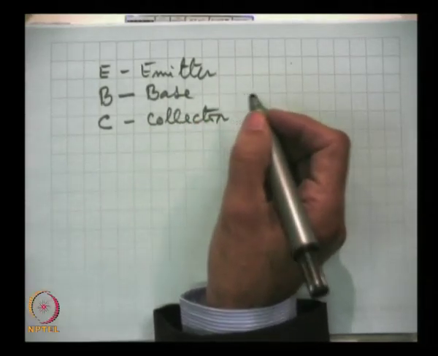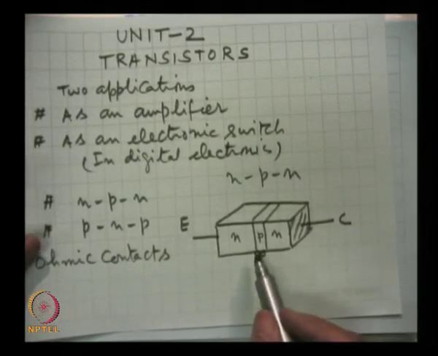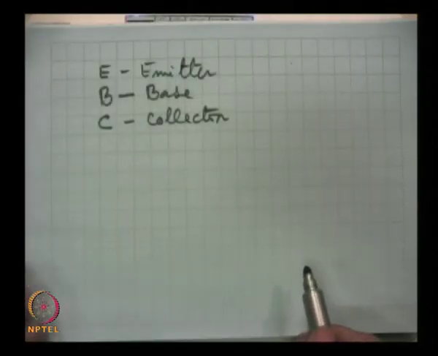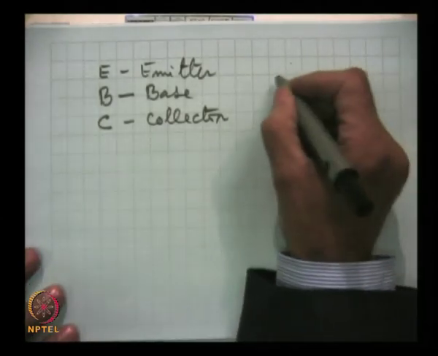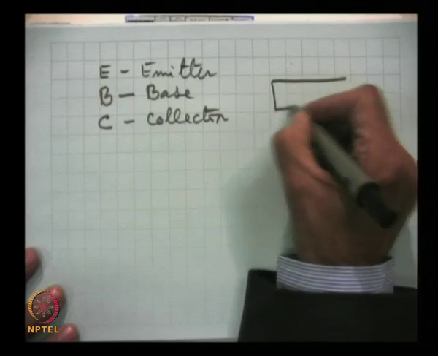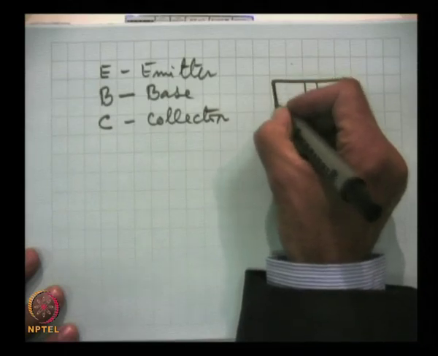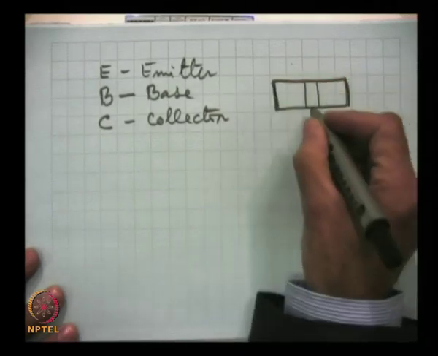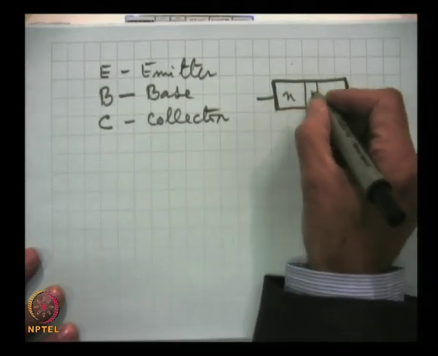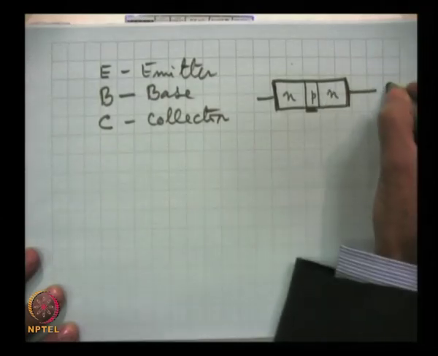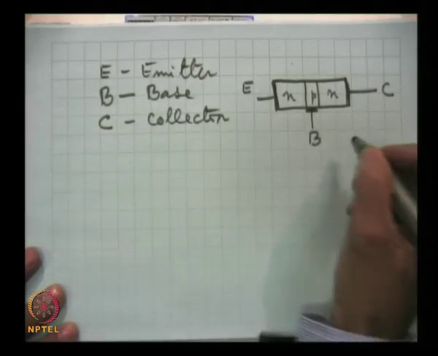But instead of drawing these three dimensional figures, to make life simpler, we normally will draw a two dimensional figure. So, for an NPN transistor, this will be this. These are ohmic contacts, this is N, P, N, this is collector, this is emitter, and this is base.